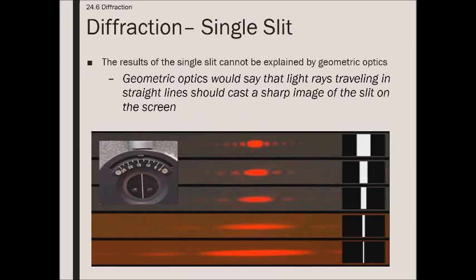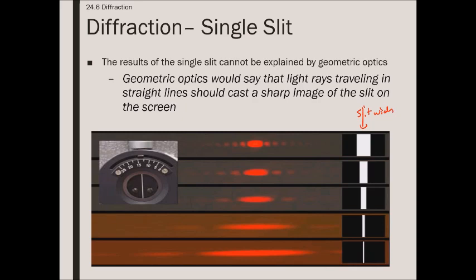So the diffraction of a single slit depends on the width of the slit. Just like the distance between the two slits in double slit diffraction is important, the width of the slit is important. And as we get a narrower and narrower slit, we'll actually get a wider and wider band. So these are the slit widths.